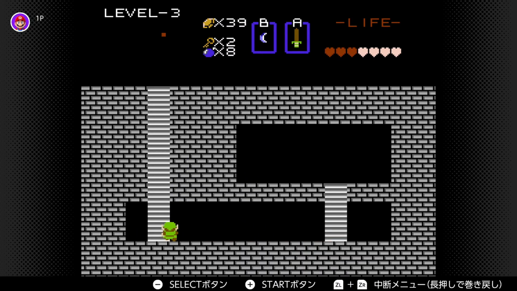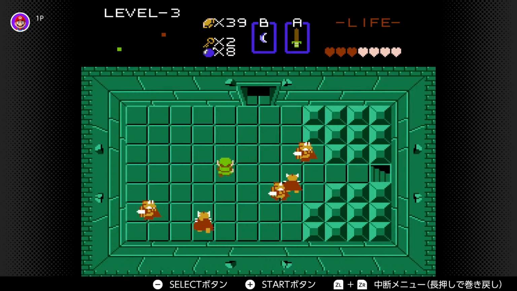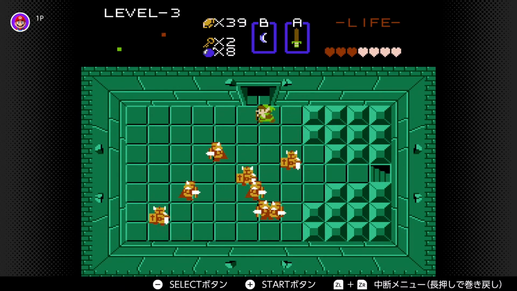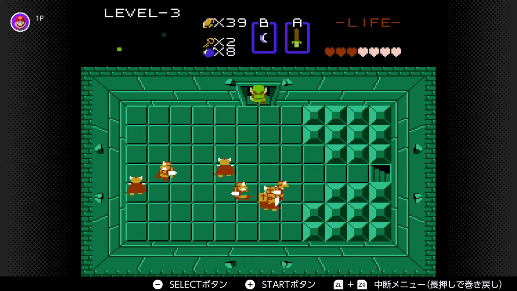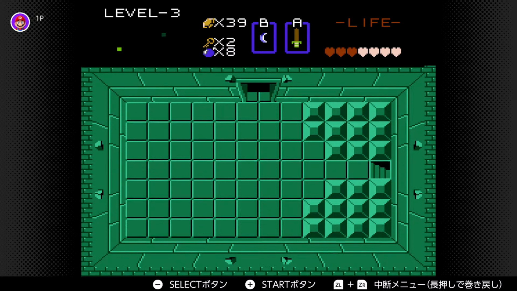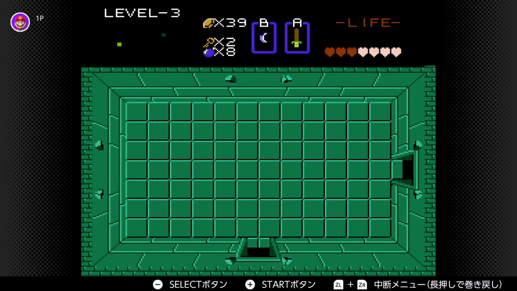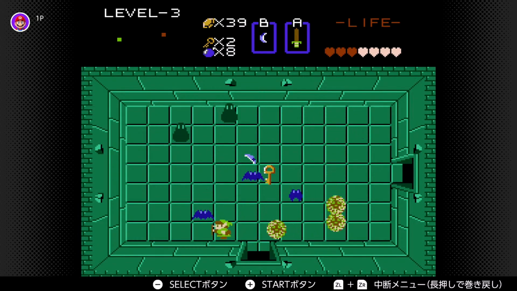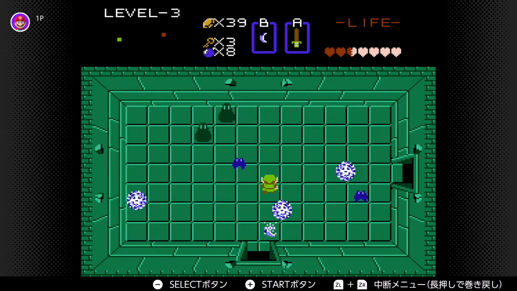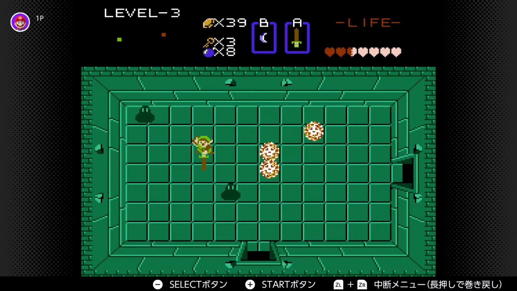Don't remember who the boss of... maybe I do remember who the boss of this dungeon is. Let's ignore the Dark Nuts. I don't think they have anything we really need, and so we're not wasting time against them. Okay, let's try to defeat these enemies.